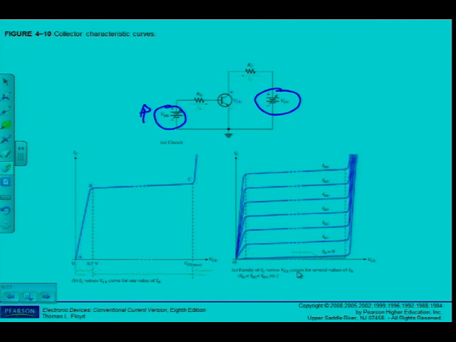The base emitter junction is going to be forward biased, but because VCC is also equal to 0, the base collector junction is also going to be forward biased. So this is not the condition for an amplifier at this stage, it's just to be able to draw this characteristic curve. What happens at that stage, because both these junctions are forward biased, is the transistor goes into saturation. We will discuss that also a bit later.